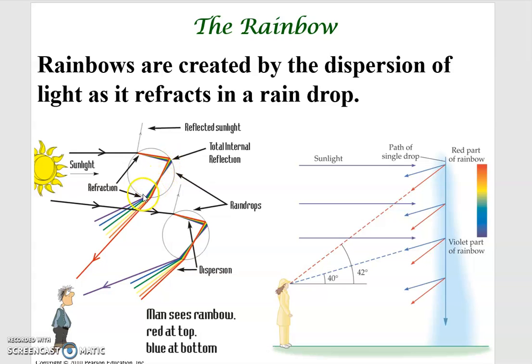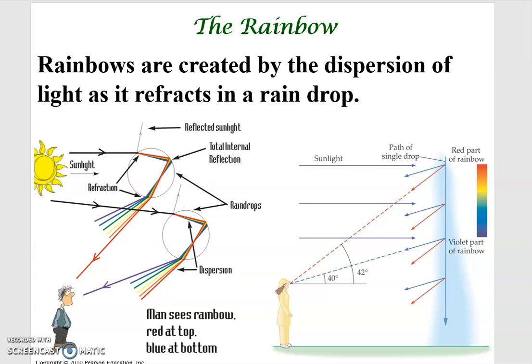Then they will hit the second surface, and this is the second refraction, and this is exactly what we see for the dispersions. However, for each raindrop, you are only going to see one of the lights from each raindrop, because you're standing here, but all the rest point in other directions at an angle. You cannot observe that.